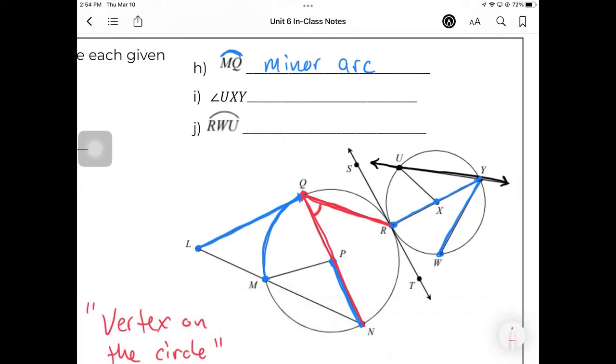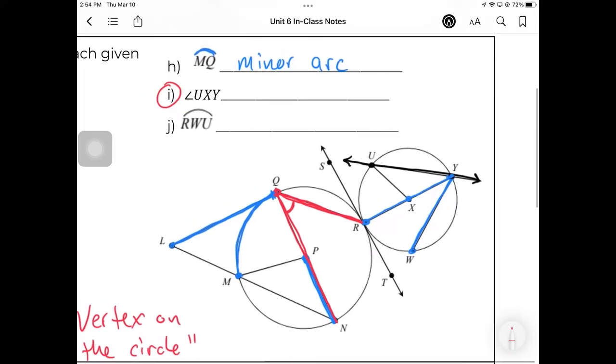The next one, since I'm going in order, here is another angle. There's another kind of angle. This one's not an inscribed angle, and I'll show you why. UXY, if I trace that, UXY puts the vertex of that angle at point X. That vertex is at the center of this circle.